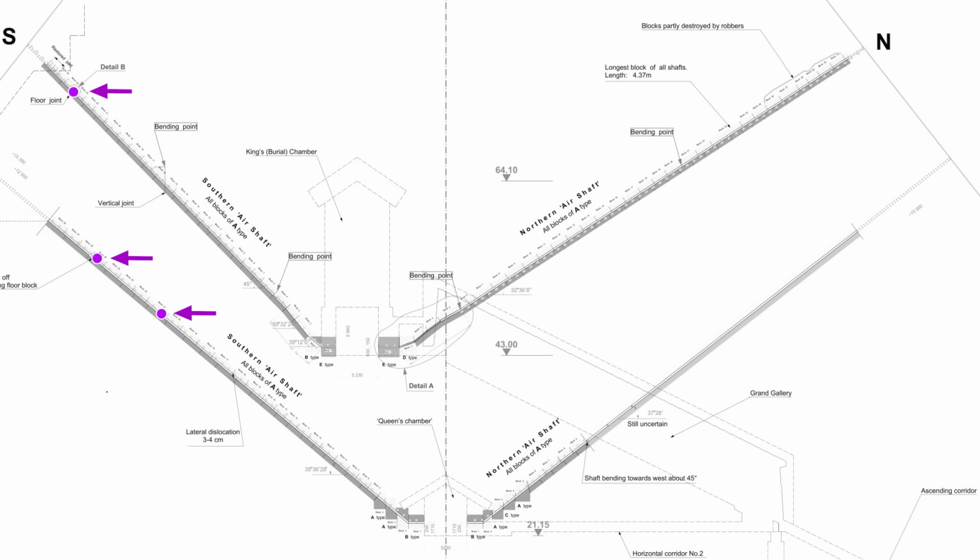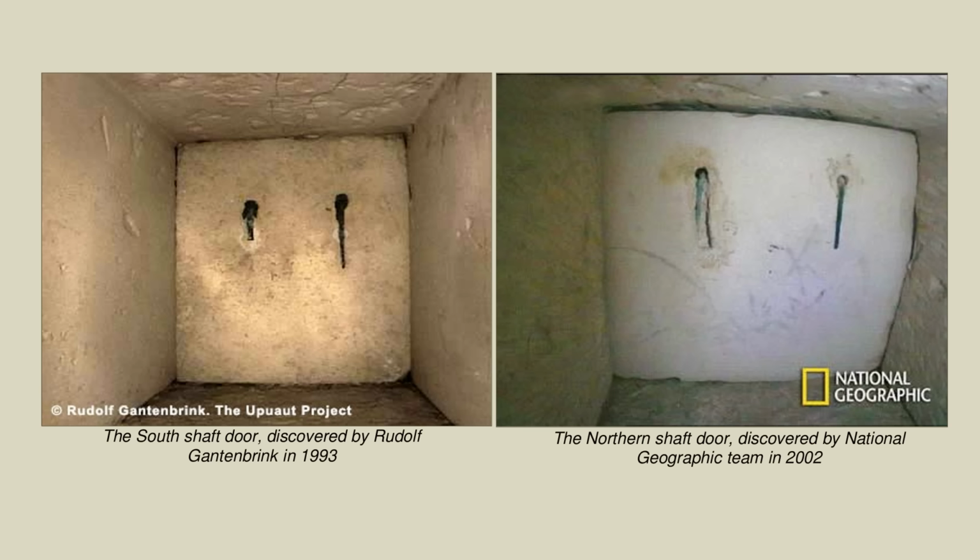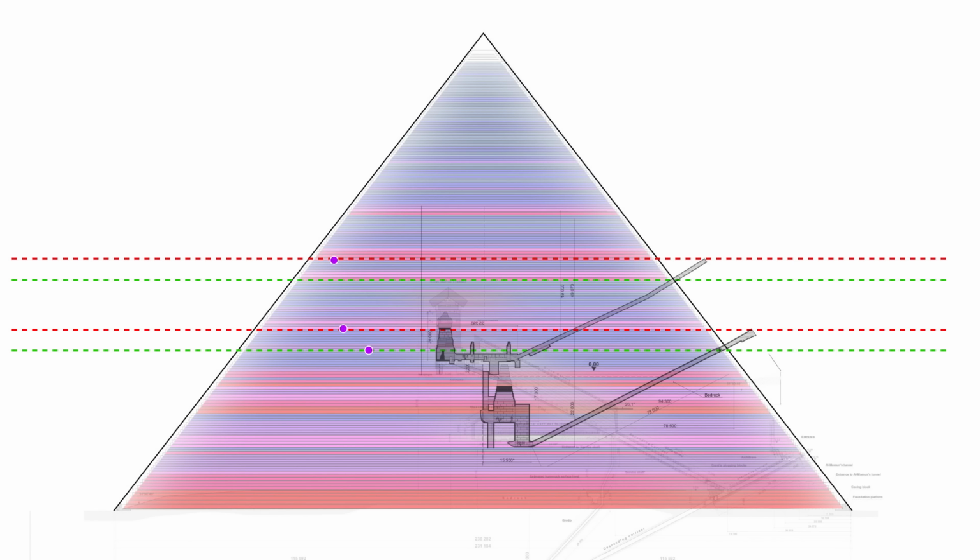This means that the same plugs we now see at the end of the lower shafts were in these positions for some time. Let's plot these points on our drawing. See, they perfectly match the levels we marked for the corridors of the bent pyramid. This tells us that these inclined shafts were also constructed in stages, and that these stages, for some reason, coincide with the stages of construction of the corridors of the bent pyramid.